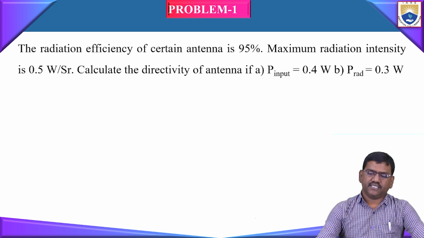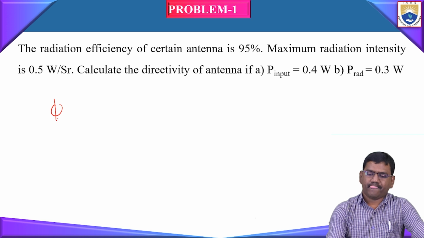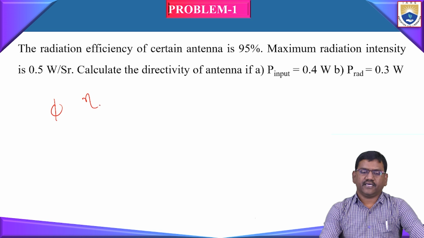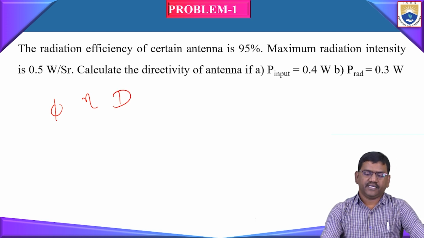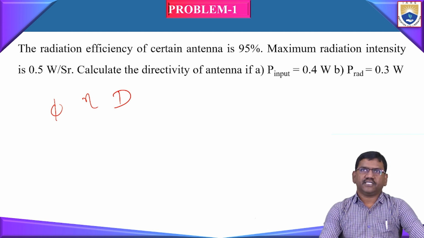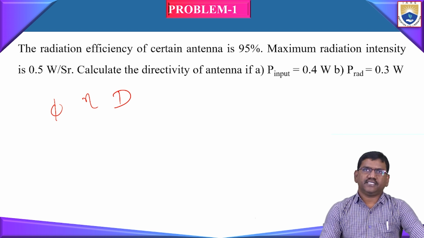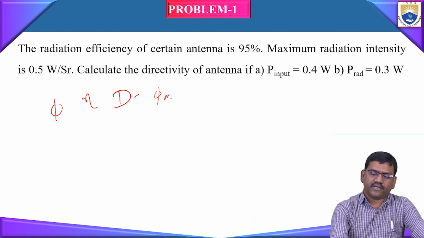The radiation intensity is denoted by the symbol pi, and the radiation efficiency is denoted by the symbol eta. We need to calculate the directivity, which is denoted by the symbol D. The directivity is given by pi max by pi AV.